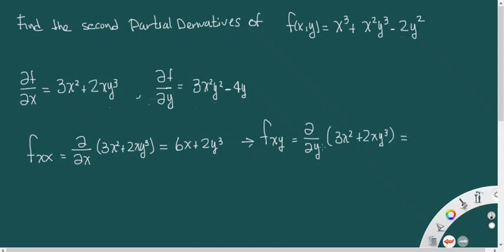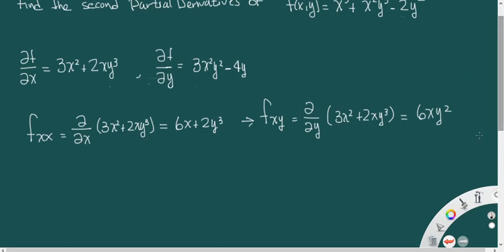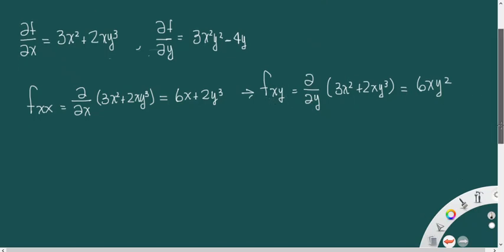And this is simple if we are going to apply only to this term because we have no y's here. This is equal to 6xy squared. Okay. So this is the second derivative with respect to x and then with respect to y.